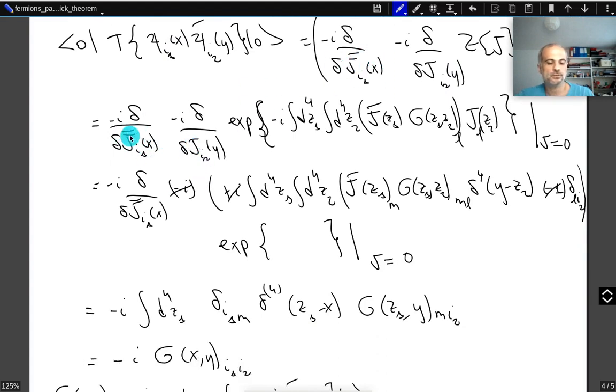So here this would be a derivative with respect to j itself, this would be a derivative with respect to j, but now you see the first term doesn't contain j, it contains j bar. So if both of these fields are barred fields, then here there would be a derivative with respect to j itself, not j bar, but that would mean I have to take the derivative of this exponent, again, not this term.